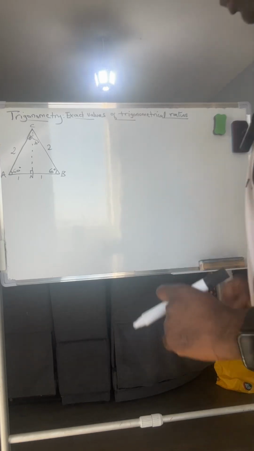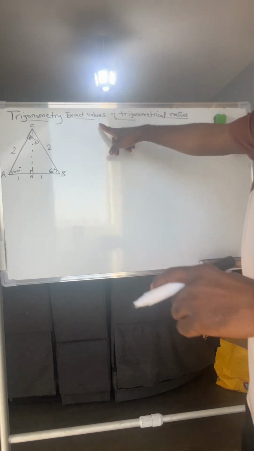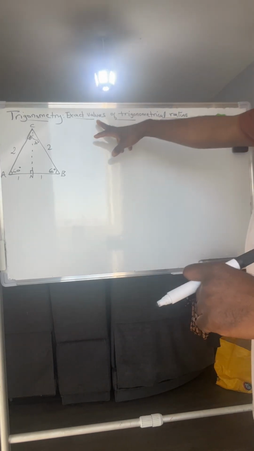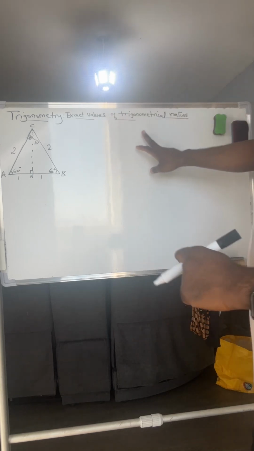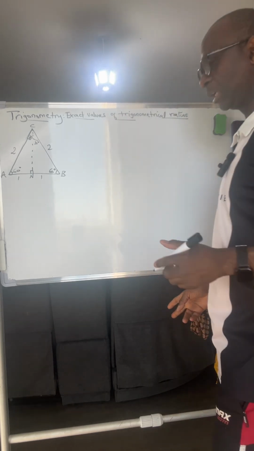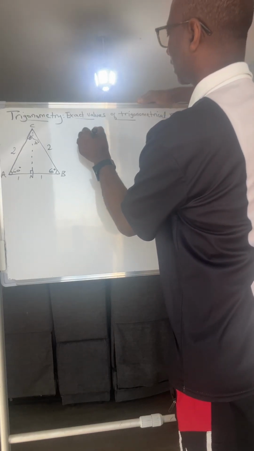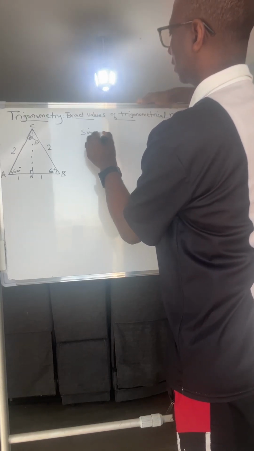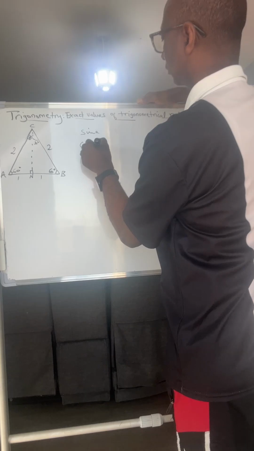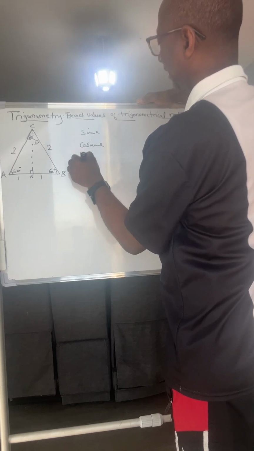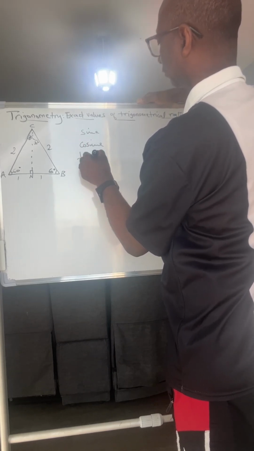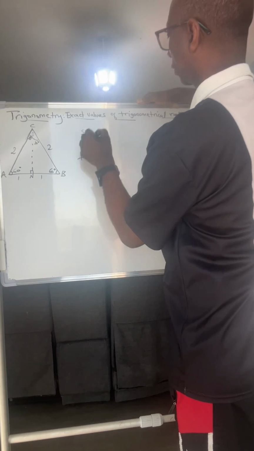What we are trying to do here, as the heading indicates, is find exact values of trigonometrical ratios. We want to find values of the sine, the cosine, and the tangent of what?